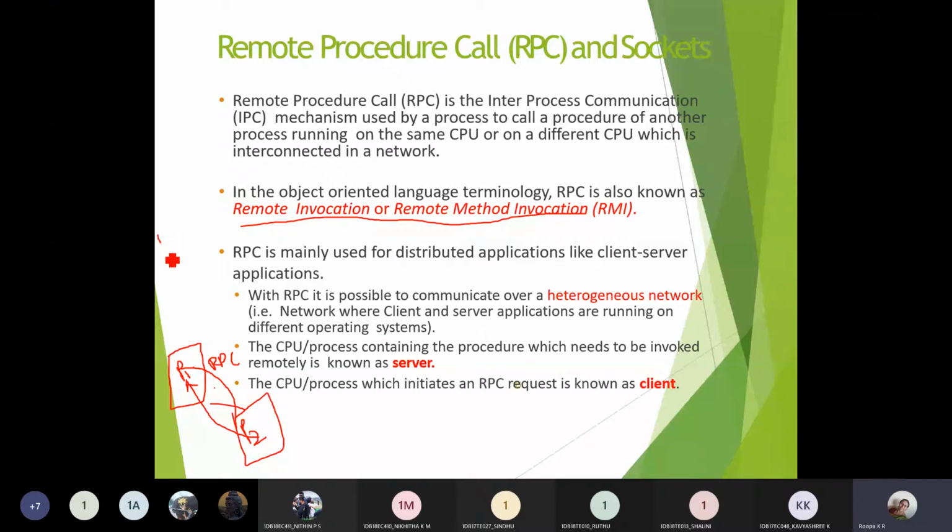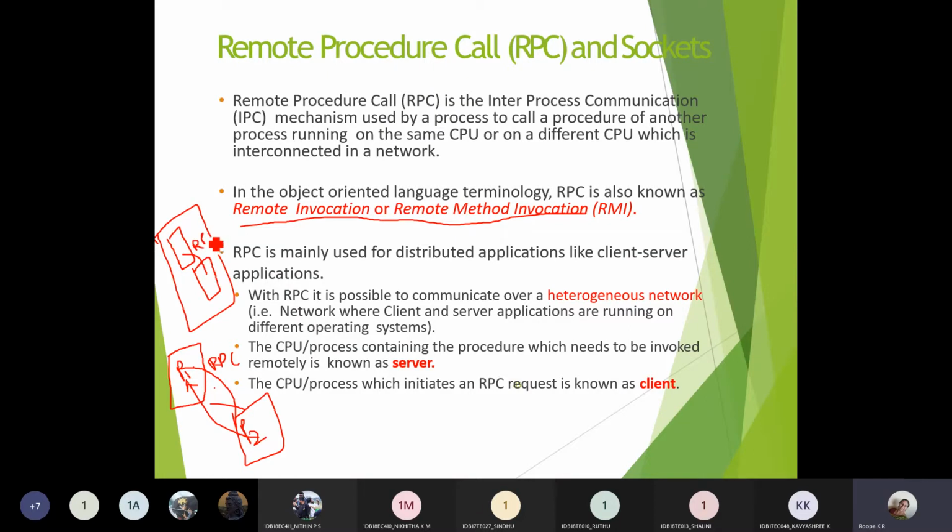If inside the same CPU I have one process and one more process, the data communication between these two processes can also be taken care of by this RPC itself.